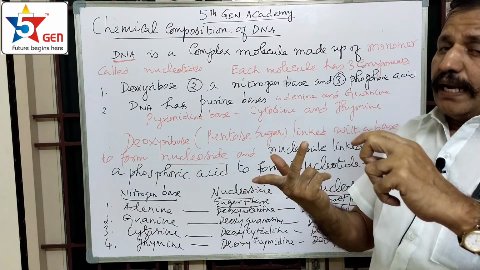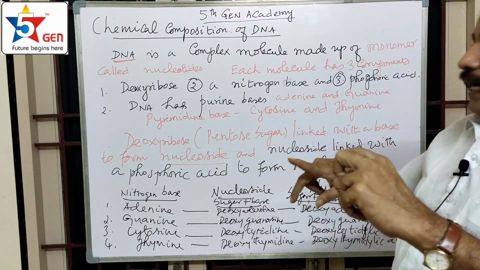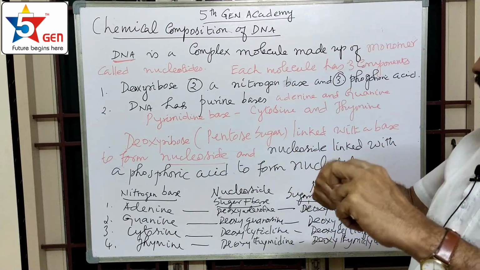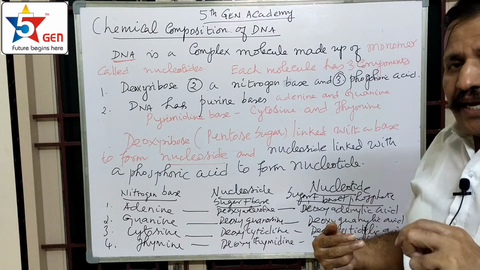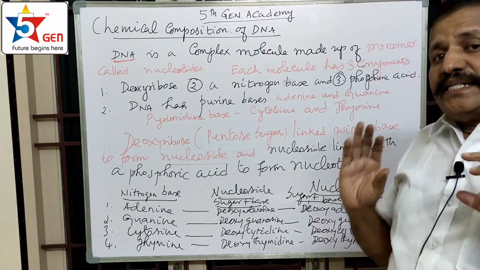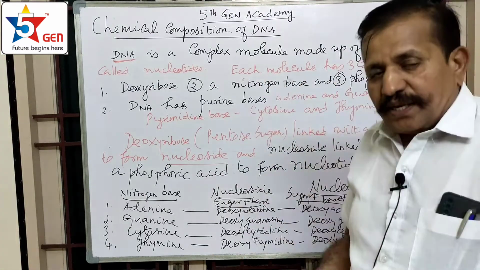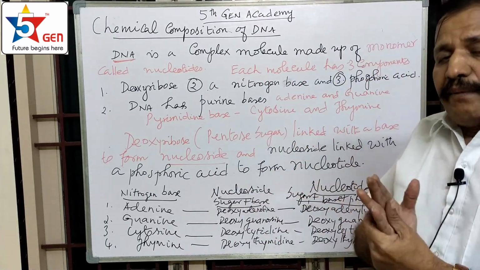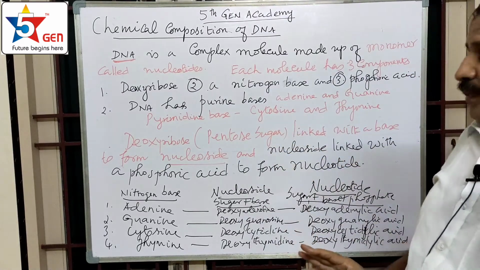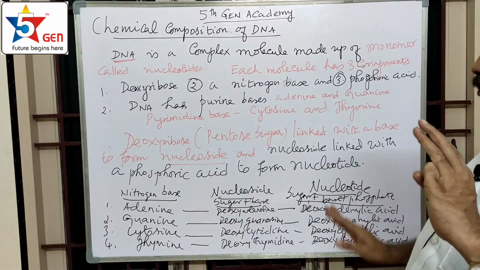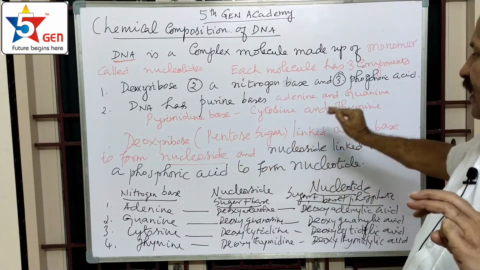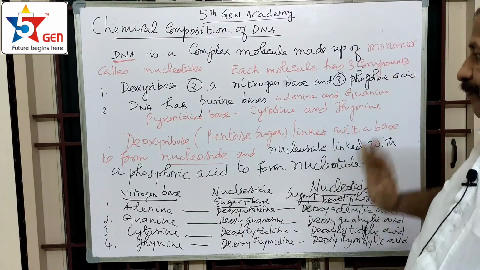Pyrimidines are cytosine, uracil and thymine, but here uracil is absent and thymine is present. So our DNA has the purine bases adenine and guanine, and the pyrimidine bases cytosine and thymine.